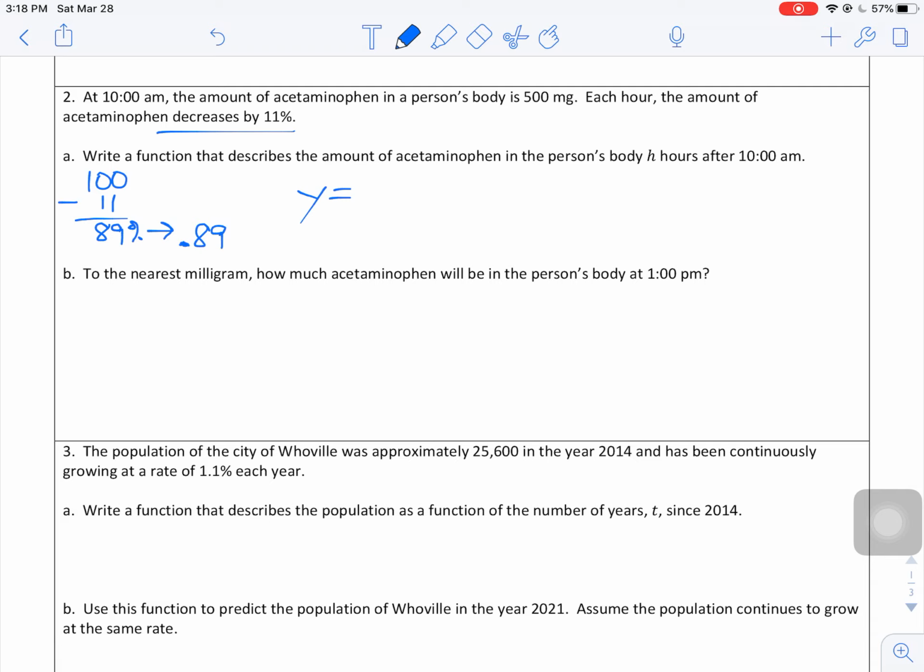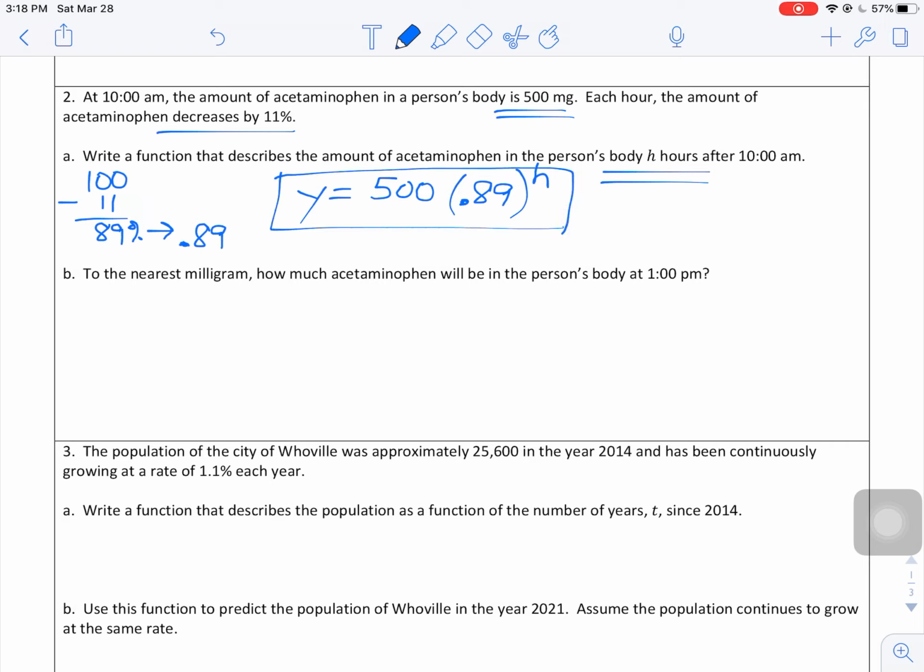Then I'm going to take my initial amount, the 500 milligrams, times my common ratio, 0.89, because I'm going to be decreasing. That number, 0.89, is in between 0 and 1, since I'm decreasing. And then raised up to h, because that is the number of hours. That's all we'd be looking for on part A.